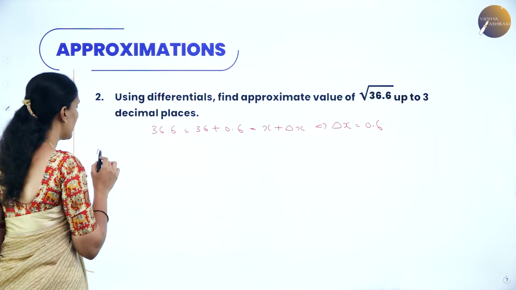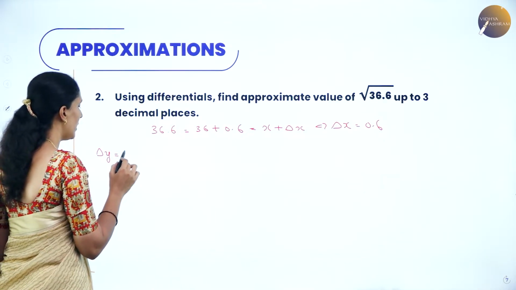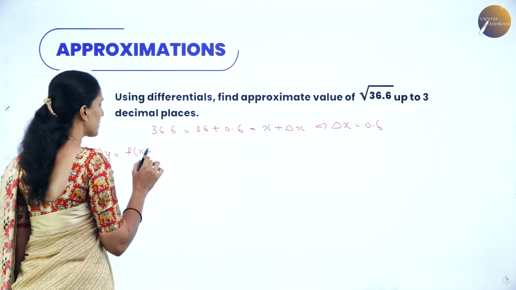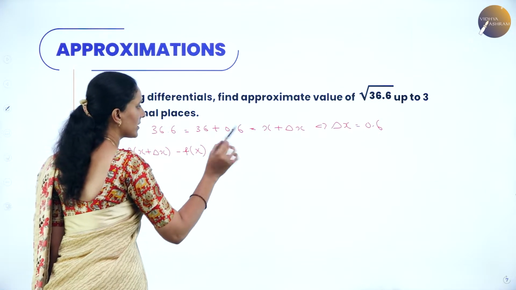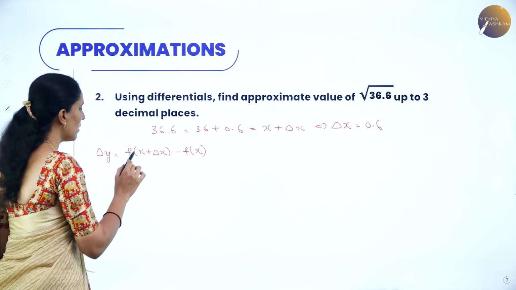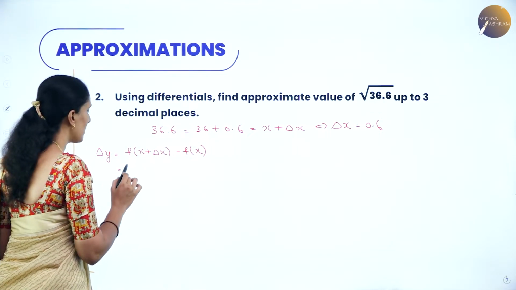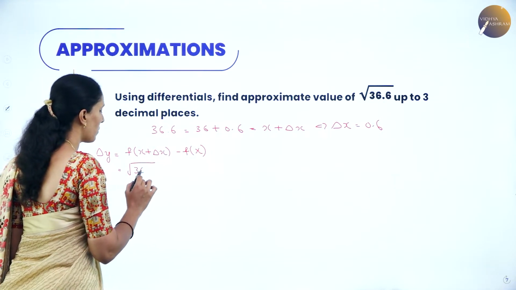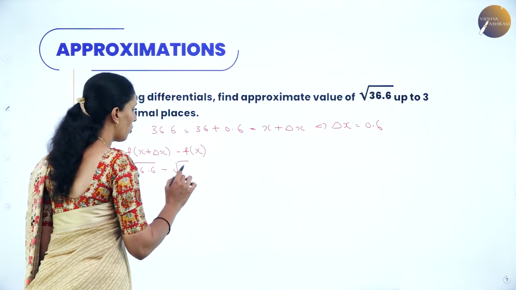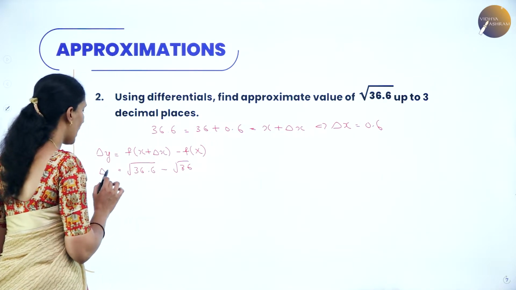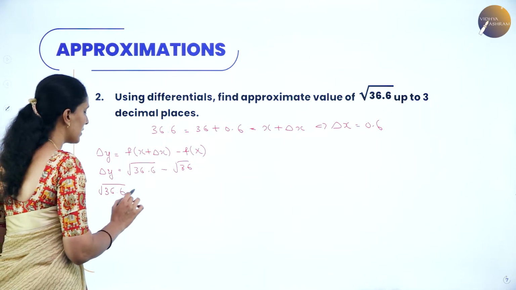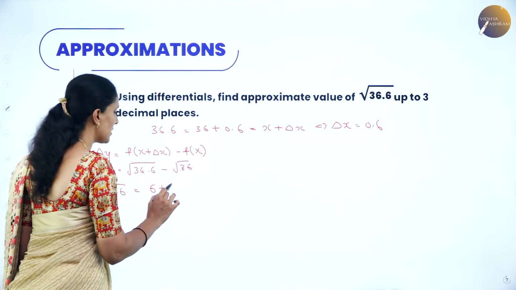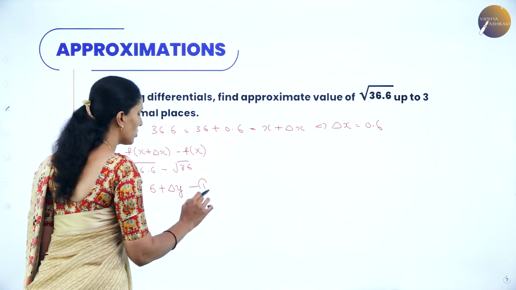Now let me take small increment in y. Delta y is f of x plus delta x minus f of x. So x is nothing but 36 here. So f of x plus delta x means square root of 36.6 minus square root of 36, and here we have delta y. So therefore square root of 36.6 can be written as 6 plus delta y. Take it as equation 1.